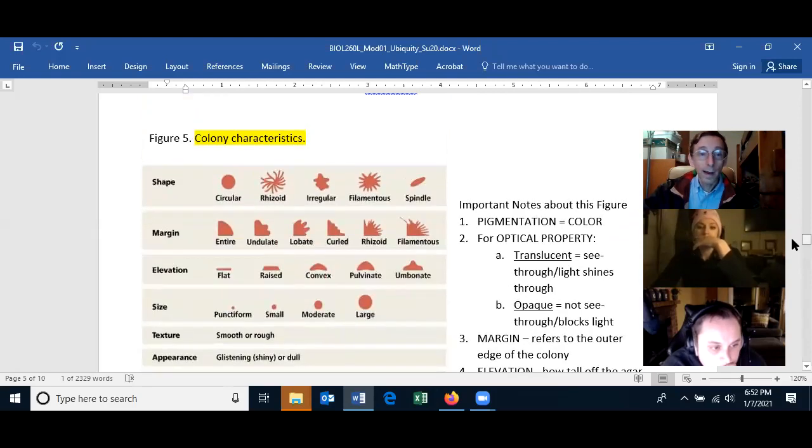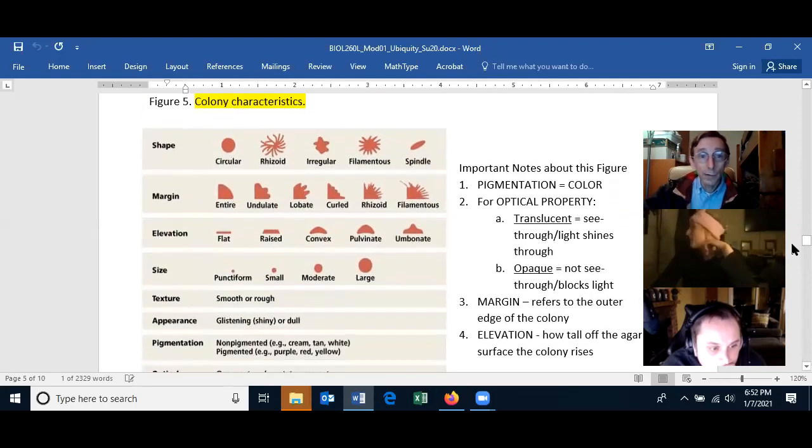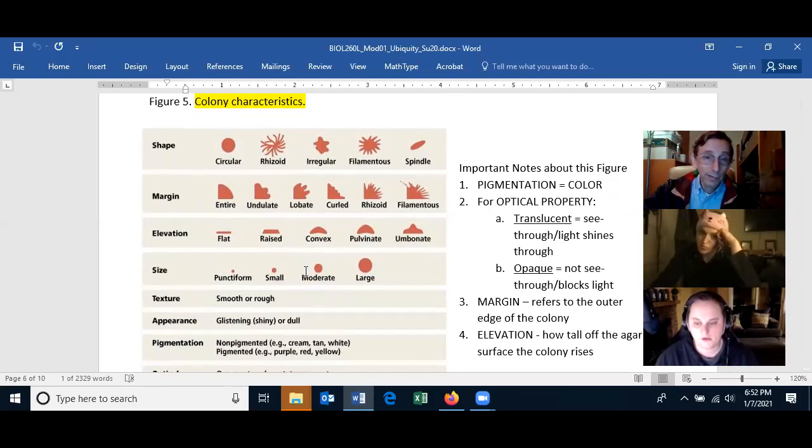All right. You should know how to use this table or figure here. I'm not going to ask you questions without giving you this figure, so you don't have to memorize what undulate or rhizoid looks like, because I'll give you the table.